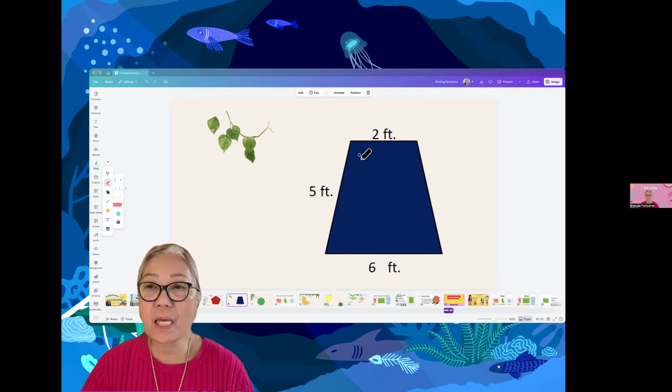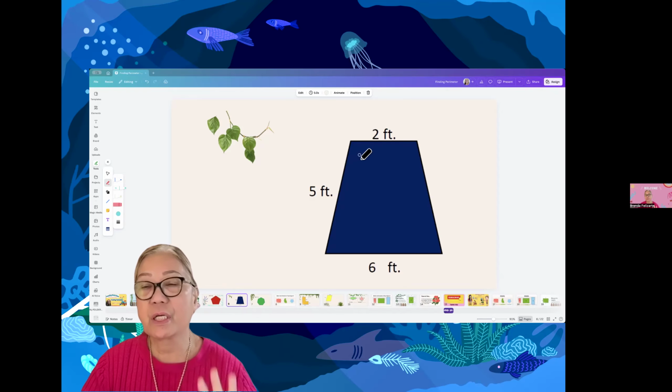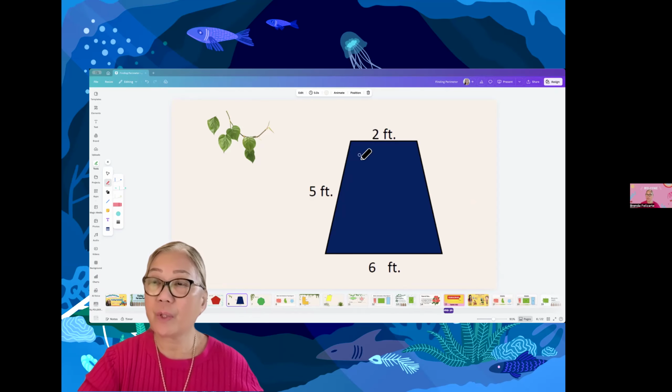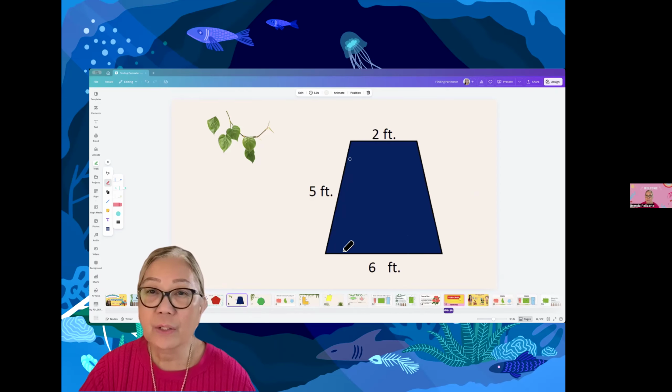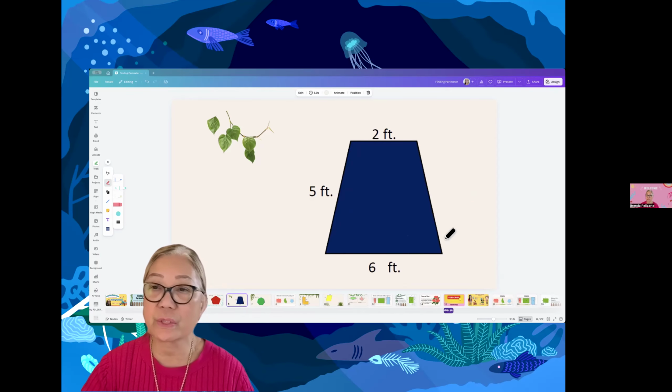This is a trapezoid. Because these two sides here are parallel, and the other two sides are not parallel. They are sticking away from each other.